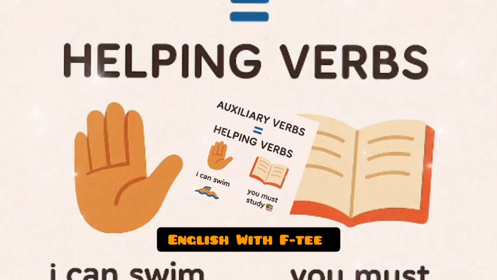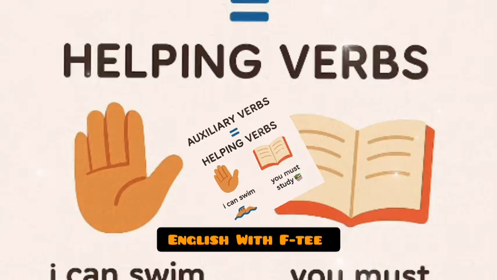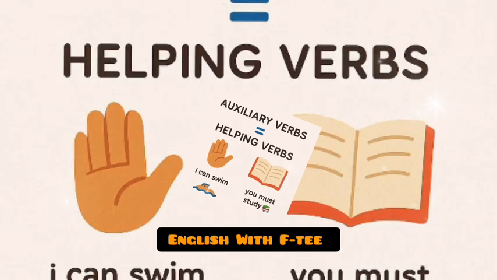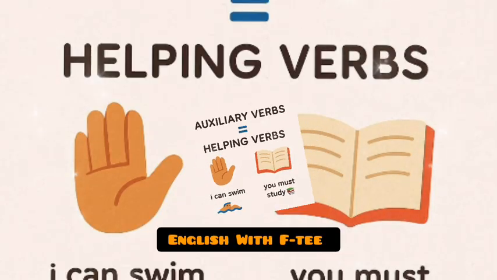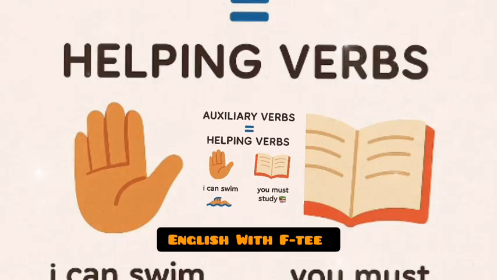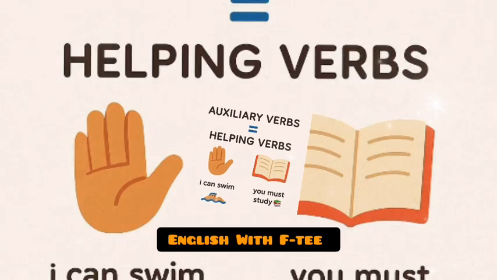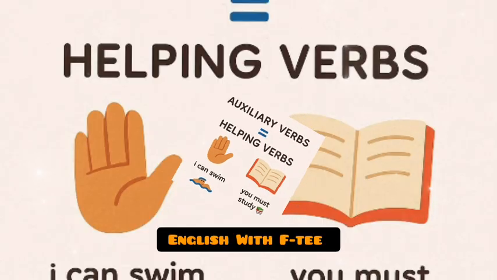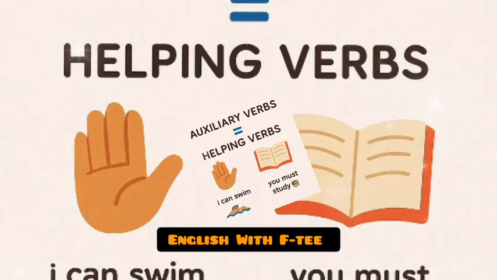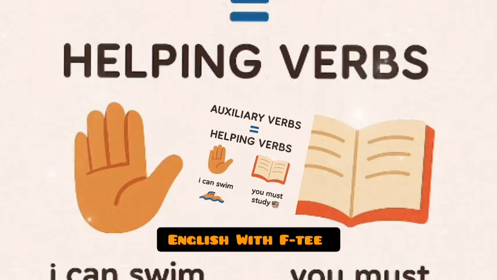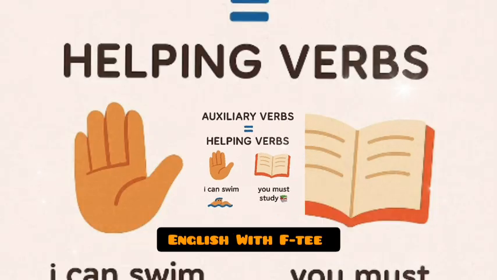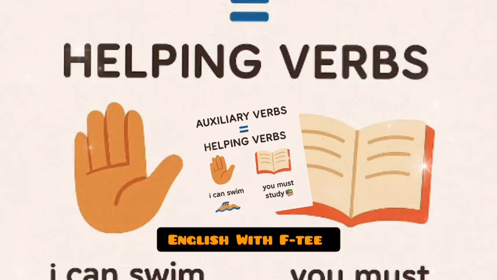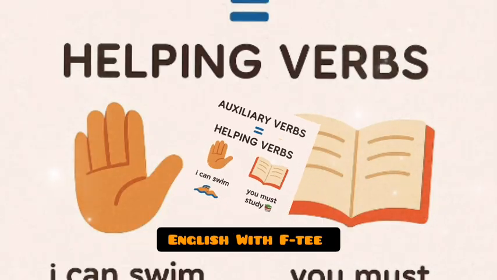They are called primary auxiliary verbs because they help in making many grammatical constructions such as: number 1, question; 2, tense; 3, passive voice; and 4, their forms also keep changing according to the number and person of the subject.